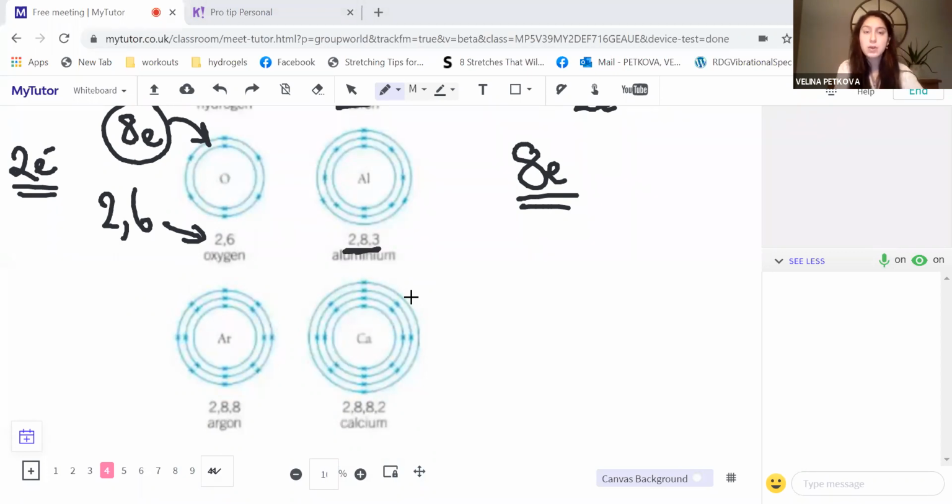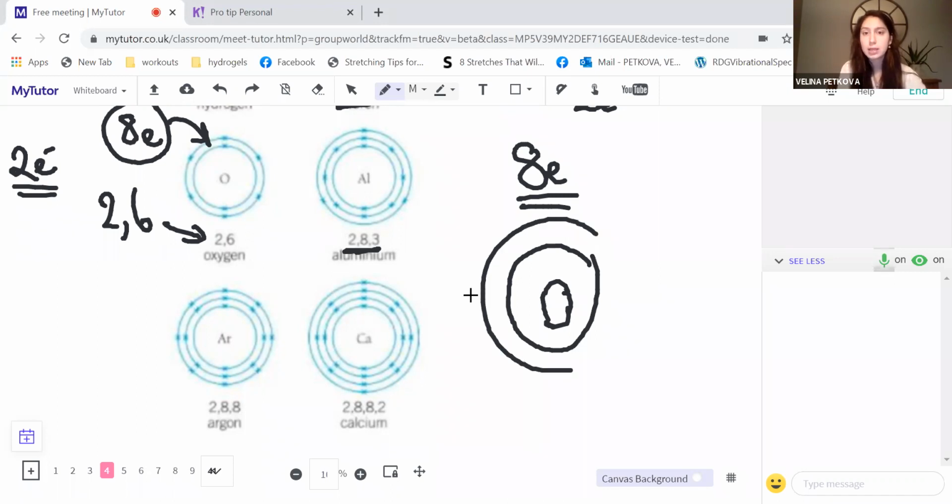So if the first shell has 1 electron but the second has 8, would one of them from the second shell move to the first shell? So you never fill up your energy shells that way. So if say we had oxygen, and oxygen has 8 electrons in total.